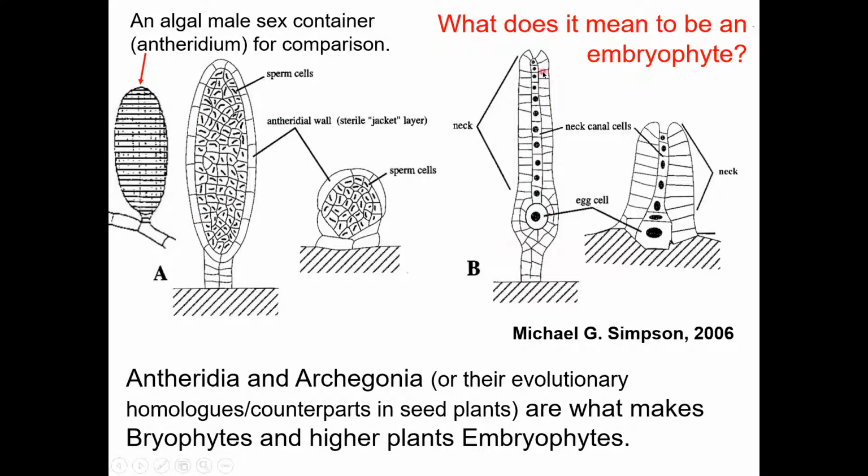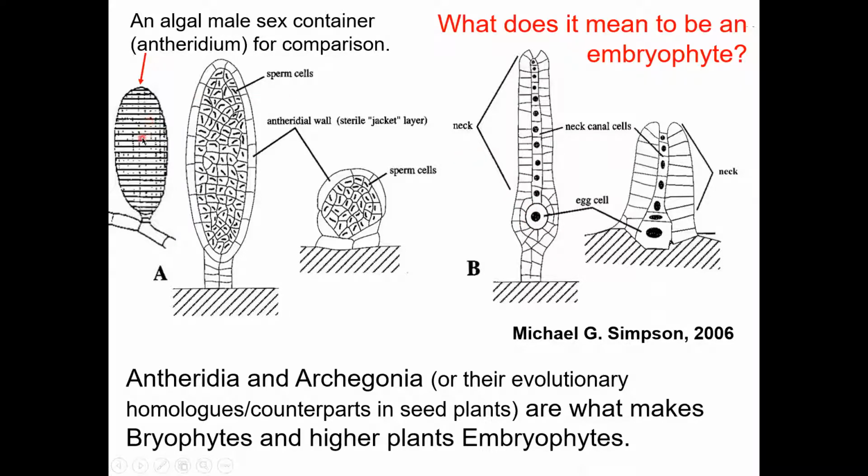And over here is a vase-like structure called an archegonium, that contains the egg. These cells dissolve and the sperm swim down this neck and fertilize the egg. It's a little bit like amphibians in that external water is required. But amphibians do it in the open, with no protection for that egg.